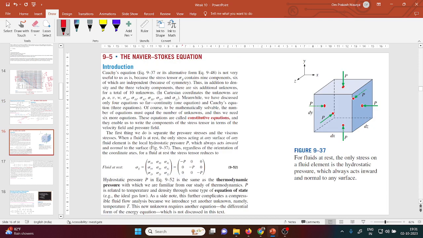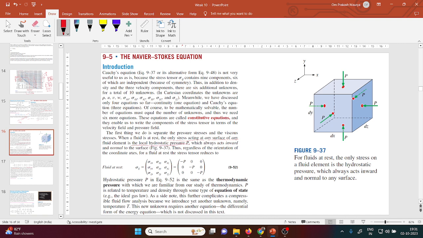The similar thing is written here, I just copy pasted. The first thing we do is separate the pressure stress and the viscous stress. When a fluid is at rest, the only stress acting at any surface of any fluid element is the local hydrostatic pressure.